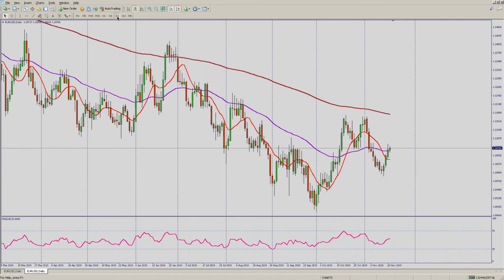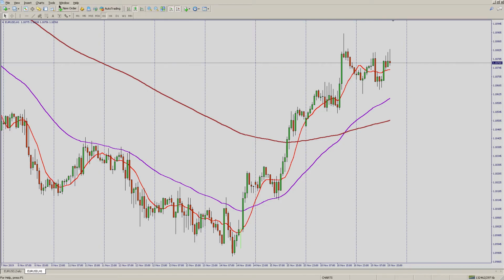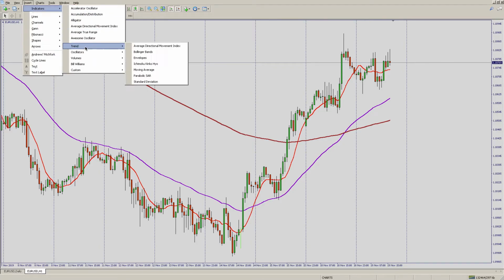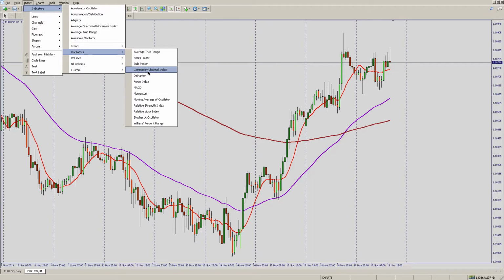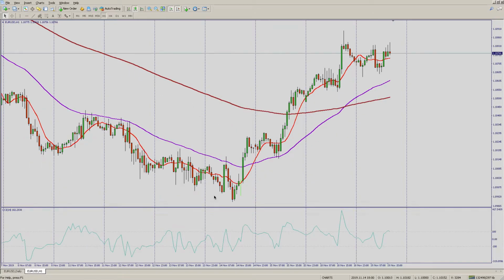So then on the daily, we have the RSI. On the 4 hour, we have stochastics. Maybe on the 1 hour, we prefer to have CCI or something. Commodity Channel Index, and 14 period. Let's set it to maybe even the 30 minutes, levels at the hundreds. Yep.